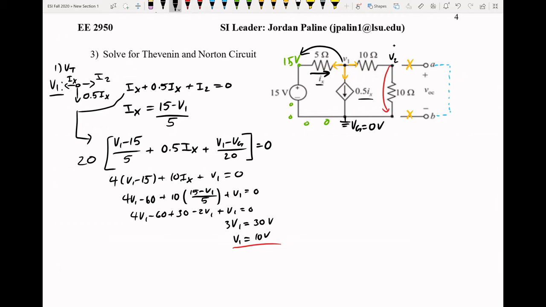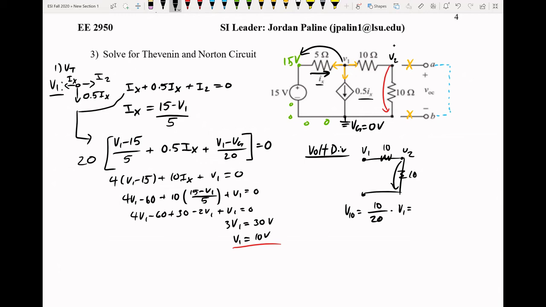So let's go do a voltage division, where we have v of 1, this will be v of 2, this will be 10, this will also be 10, and defined here to there. So v of 10 is going to be equal to 10 over total resistance 20 times voltage V1.